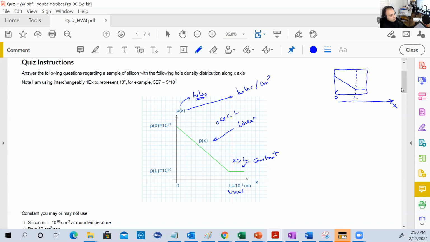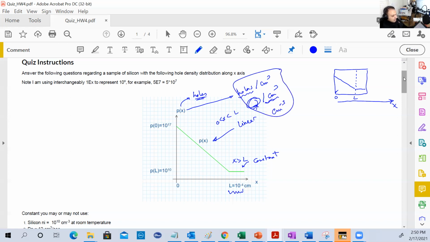Some books do not write holes or electrons and just write per centimeter cubed, because they are just numbers, not a unit like centimeter. So they just write per centimeter cubed, or centimeter to the minus 3.